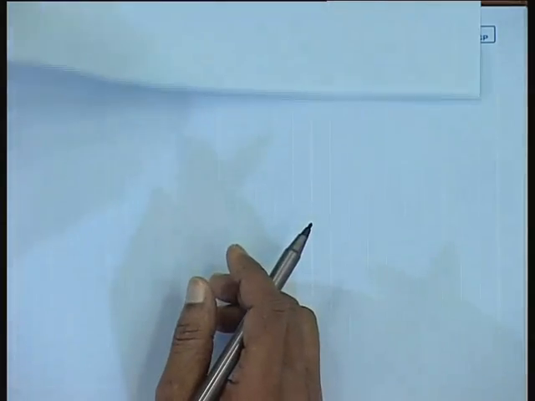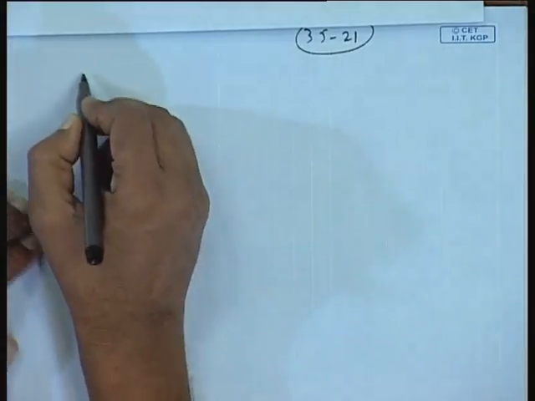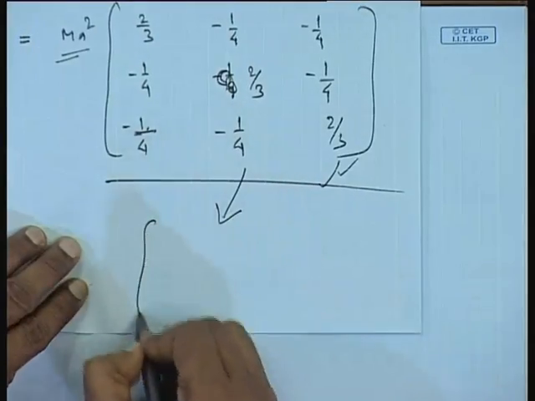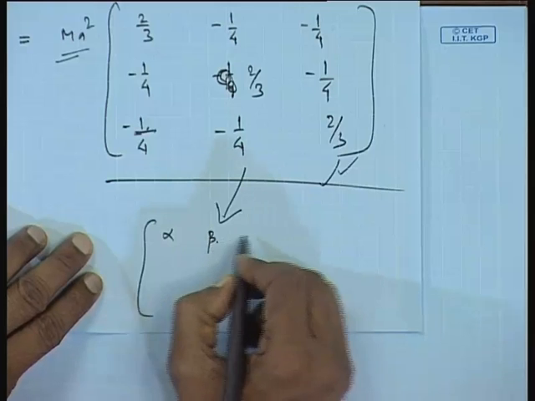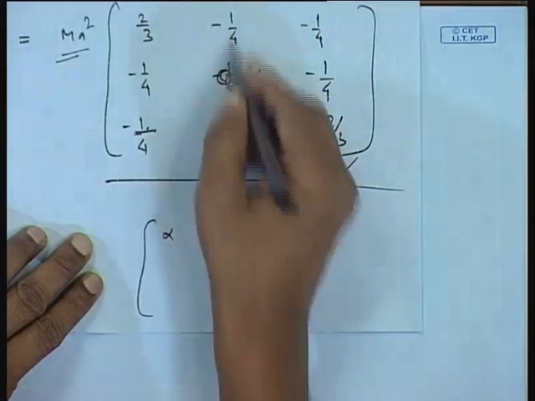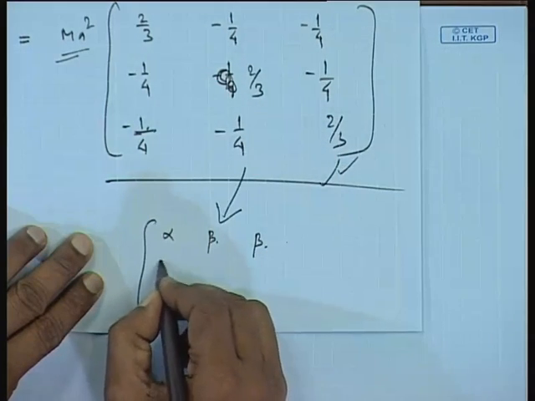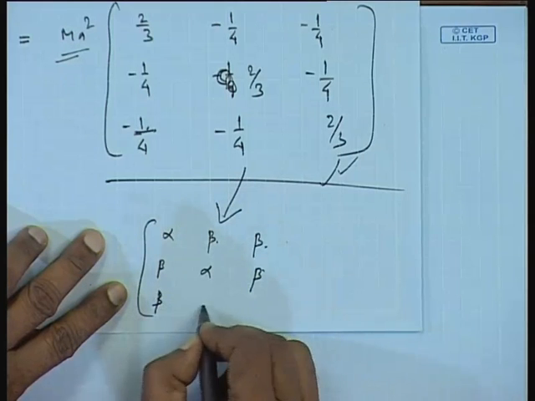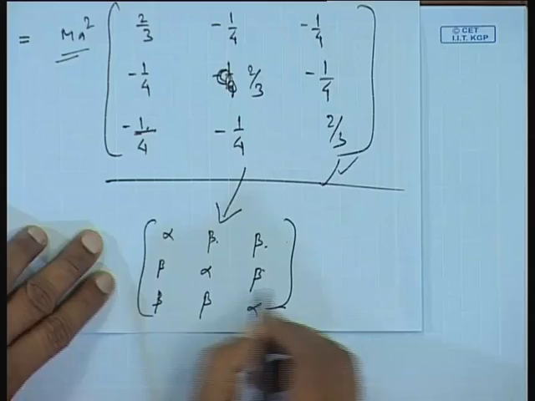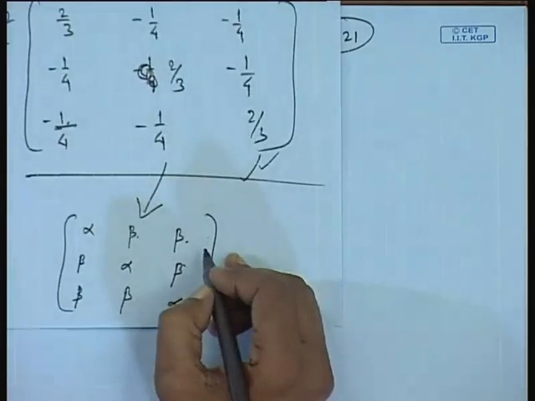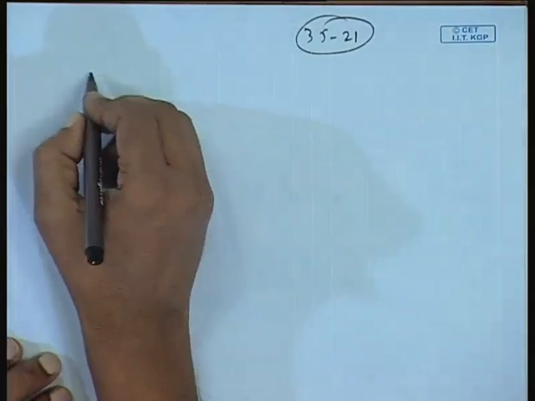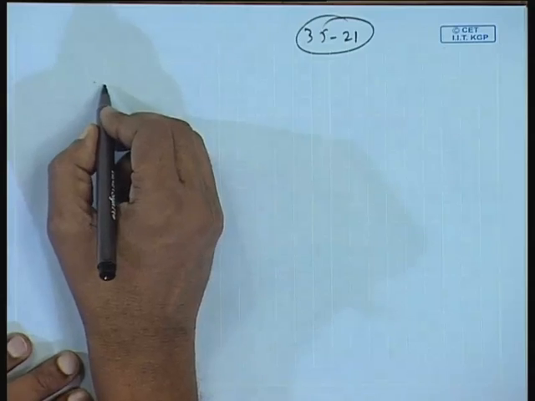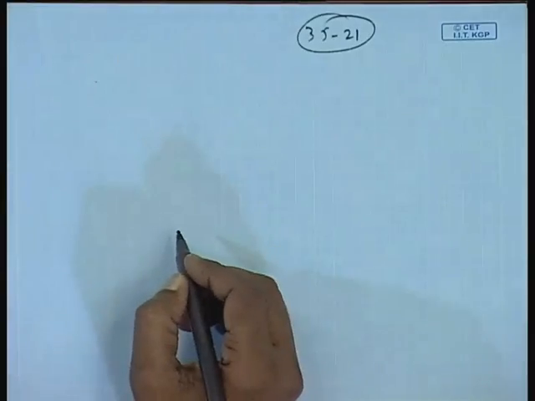So, let us say that we write the quantity which is present here as alpha, and this as beta. Okay, the sign we are absorbing inside. This is alpha, beta, beta, and beta, alpha, beta, and beta, beta, alpha. Okay. So, this is the matrix now. We will go one step further.